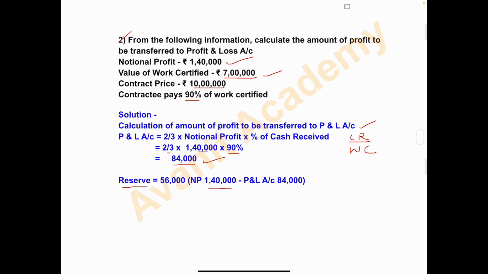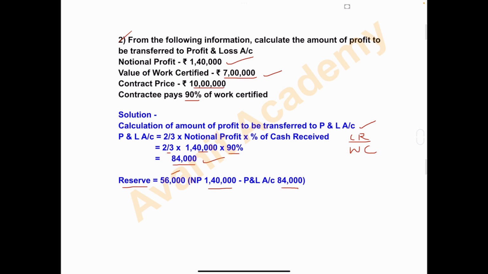From 1,40,000 minus 84,000, you will get 56,000. So this 56,000 amount is transferred to reserve. Clear? Out of this 1,40,000 notional profit, 84,000 is transferred to profit and loss account and 56,000 rupees is transferred to reserve.